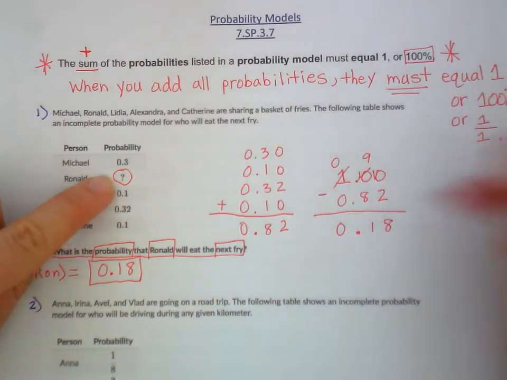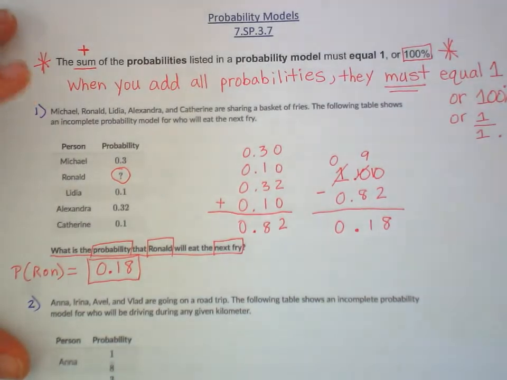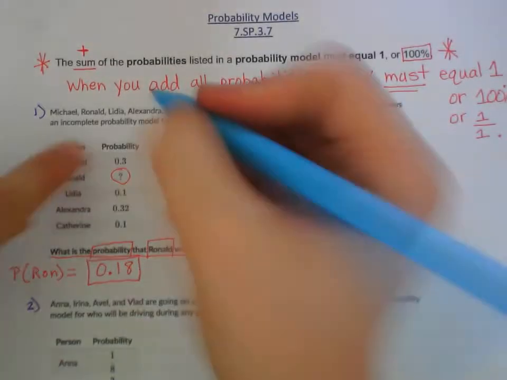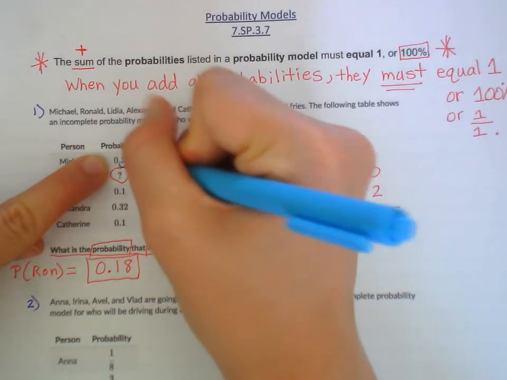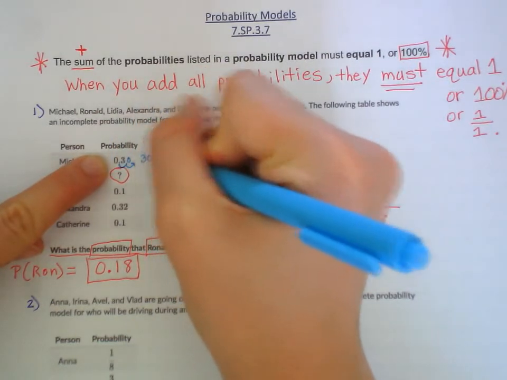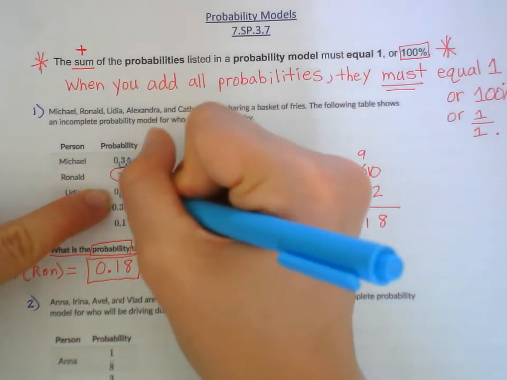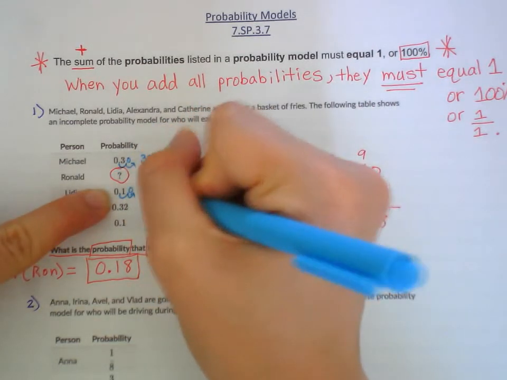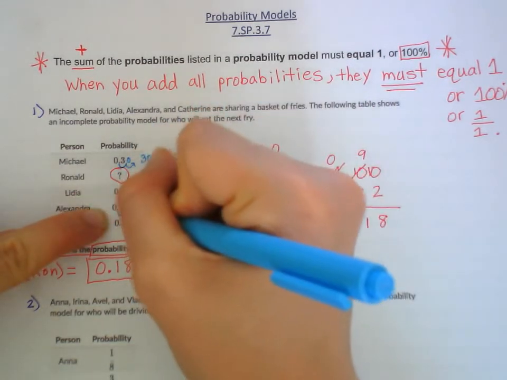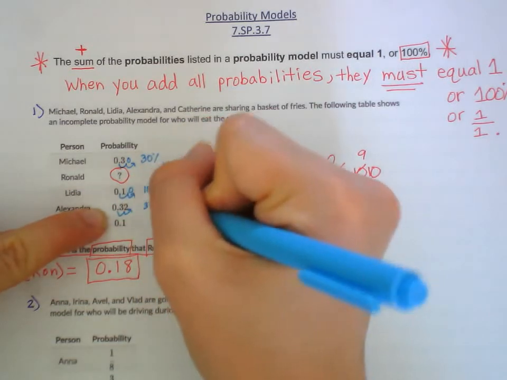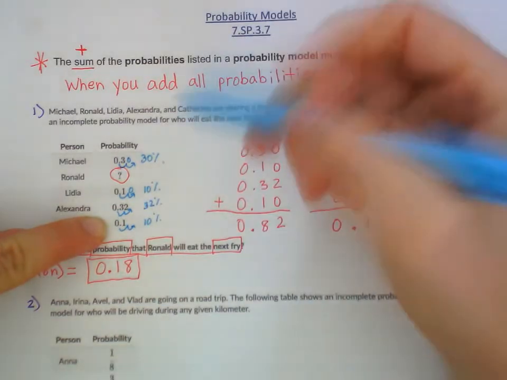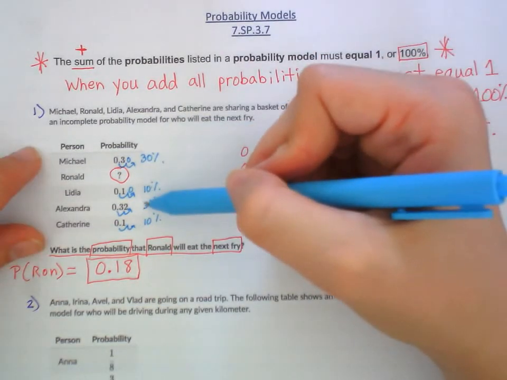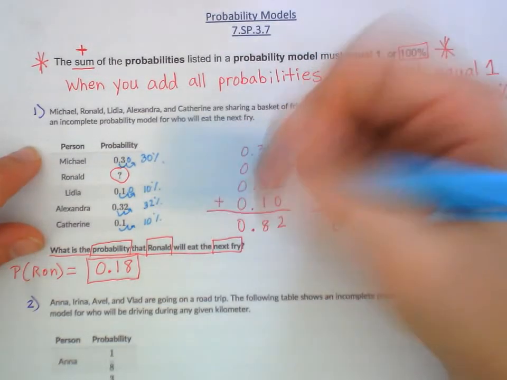Okay, if decimals aren't easy for you, guys, you could always convert these to percentages. Move the decimal 2 times to the right. That's 30%. 10%. 32%. 10%. 30, 40, 50, 60, 72, 82.